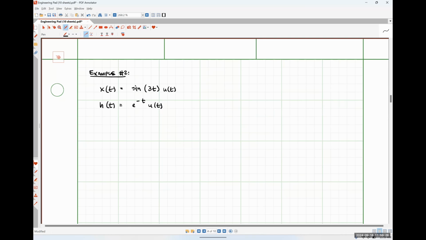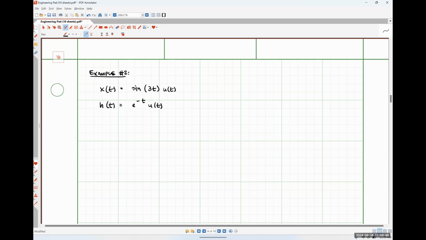So I say that this is familiar because an impulse response of just e to the negative t u of t, that's characteristic of literally a first order circuit. So an RL circuit or an RC circuit where our time constant was just 1. Okay.